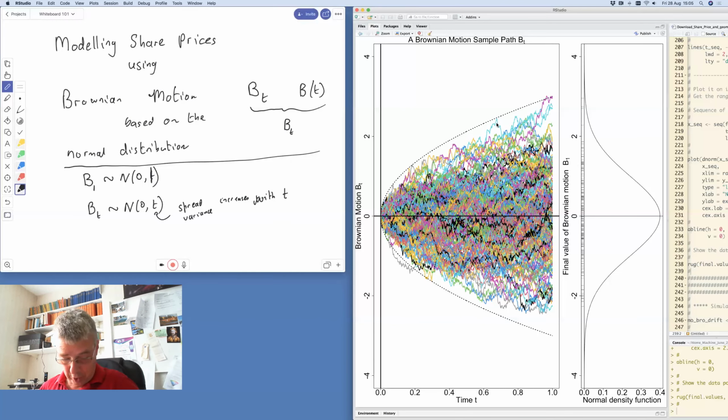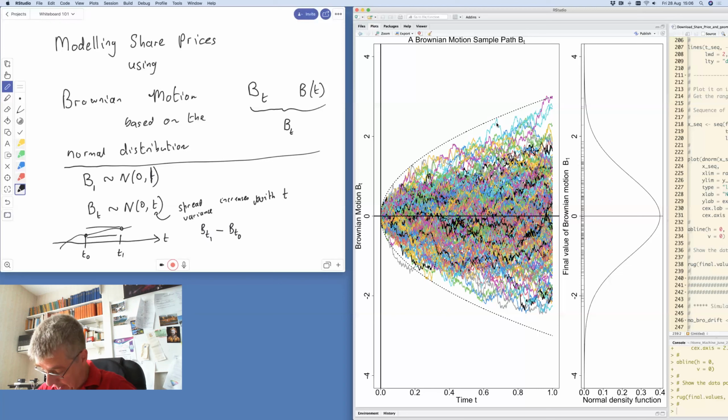And there's another feature of Brownian motion that's very important and will be important for our case. If we think of time going along here, and we have 2 time points, t0 and t1, and we have our Brownian motion, then we can ask ourselves, what about the gap between Brownian motion at time t1, the later time, and Brownian motion at time t0, the earlier time?